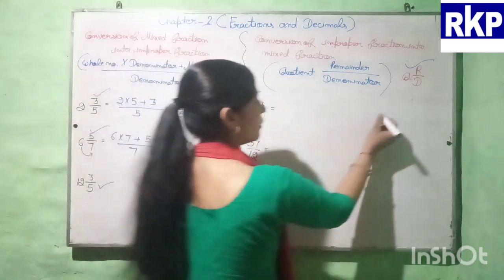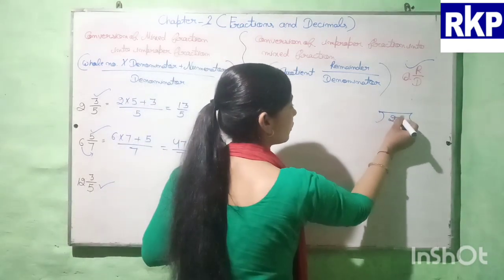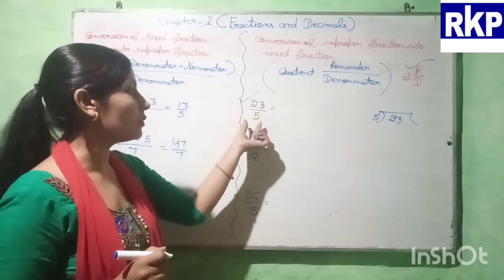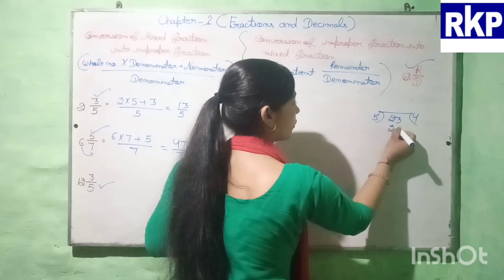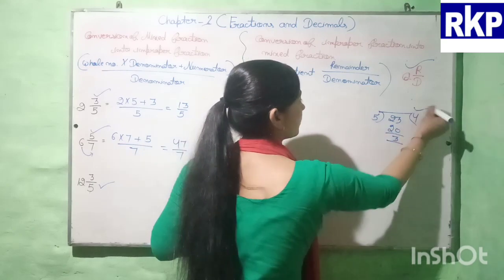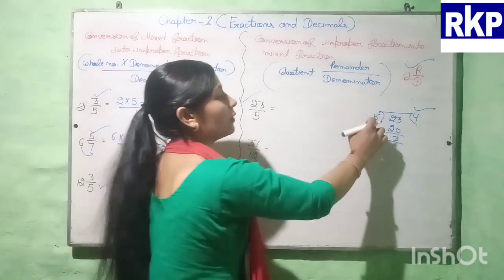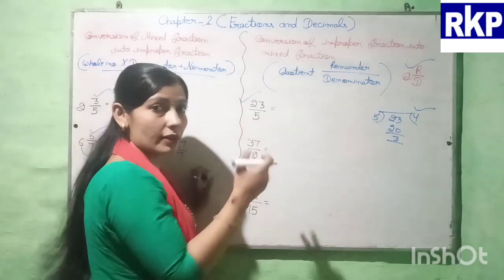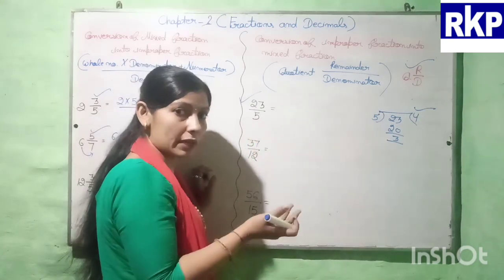Here we need to divide the numerator with the denominator. 5 4s are 20. So here 4 is the quotient, 3 is the remainder, and 5 is our divisor, or you can say 5 is our denominator.